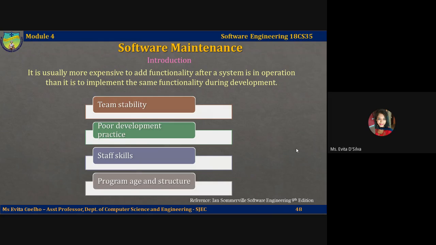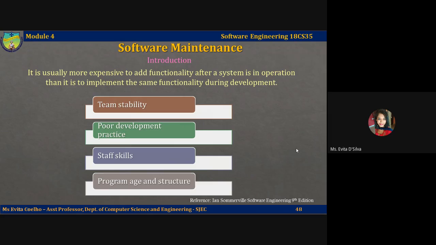The fourth reason for this additional expense is program age and structure. As changes are made to programs, their structure tends to degrade. Consequently, as programs age, they become harder to understand and change, because you would have added new increments and made enough changes that changing it slightly more is definitely going to degrade the program structure itself. Now, some systems have been developed without modern software engineering techniques.